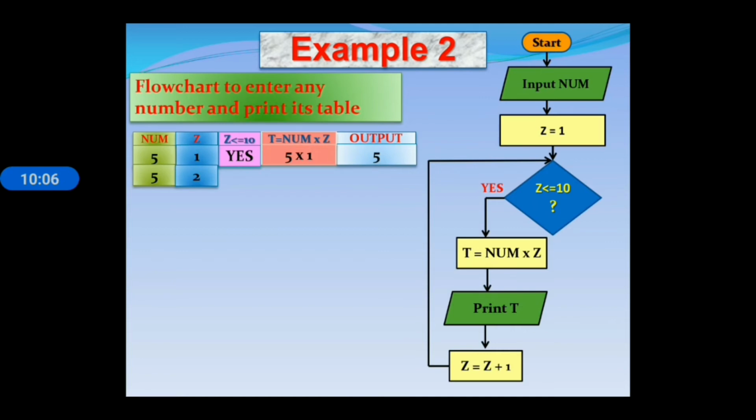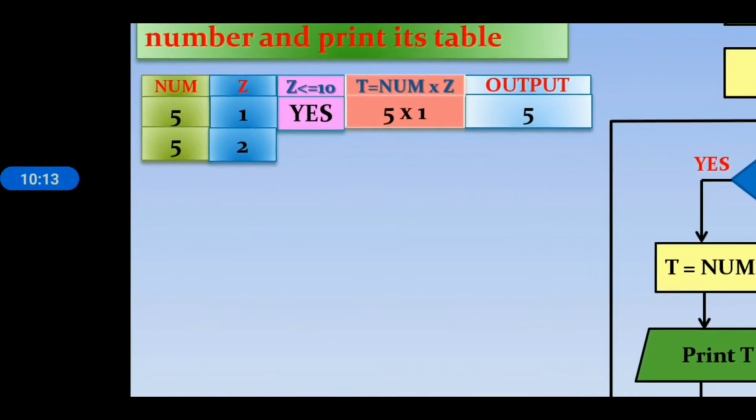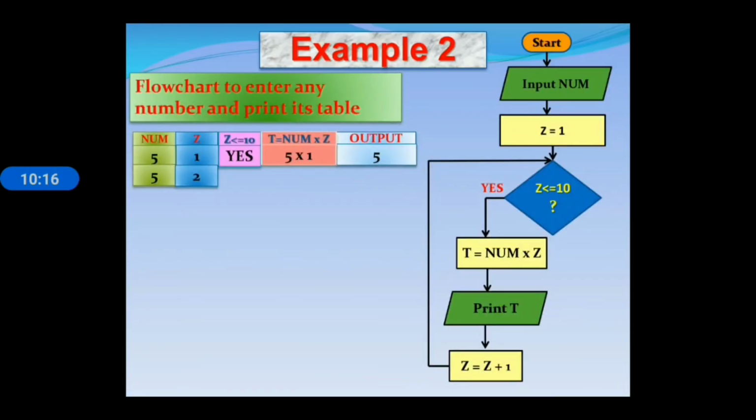Then it goes to the processing box, again t equals num into z, that is 5 into 2. So the output will be 10.